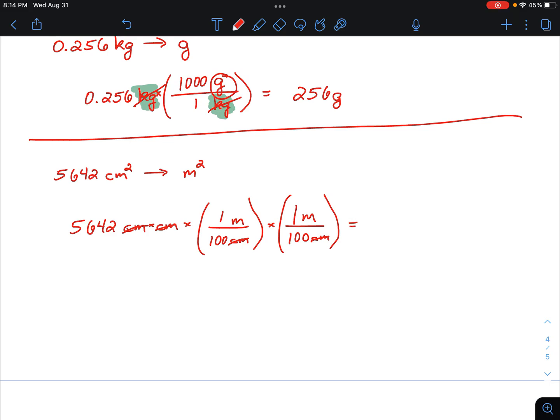We can take what's inside the parentheses here, and what's inside the parentheses is 0.01. 1 divided by 100 is 0.01. So the numbers are 5,642 times 0.01, and then another times 0.01. So this is going to give me 0.5642 meters squared.